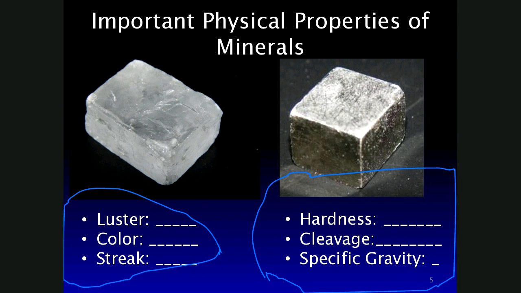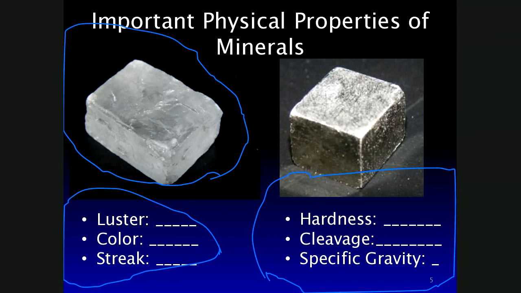Two main categories of luster: metallic, non-metallic. Can someone tell me which of these two minerals has a non-metallic luster? Is it the one which I circled, or the one that I didn't?